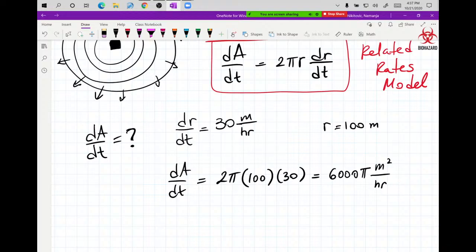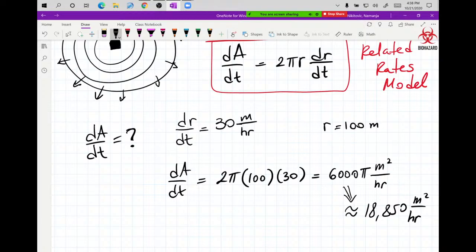So, if I use the abacus and go 6,000 times pi, we get roughly 18,849,850 meters square per hour.